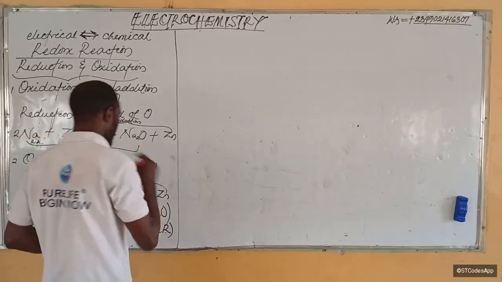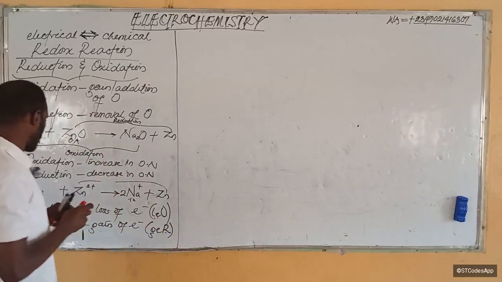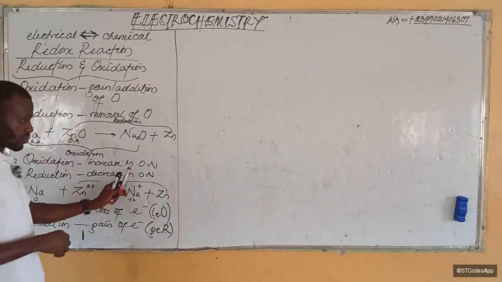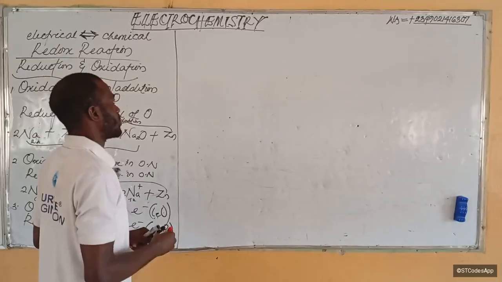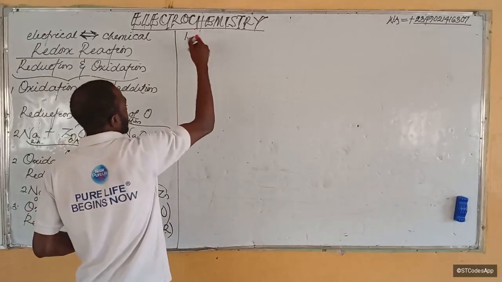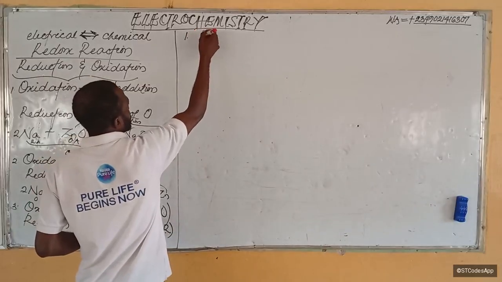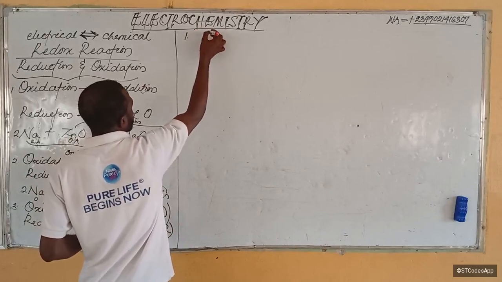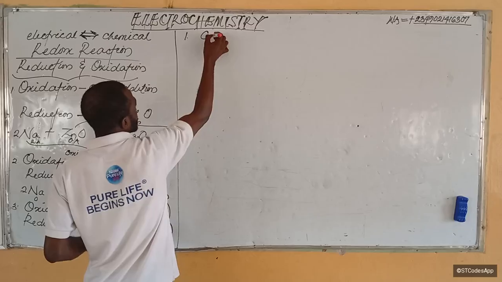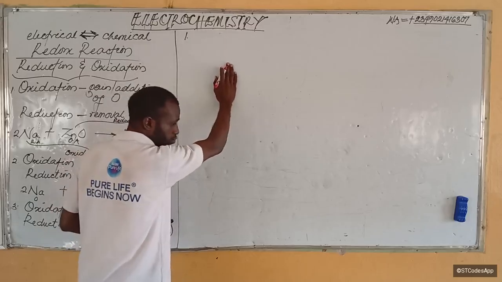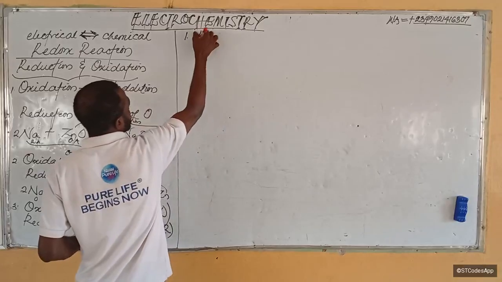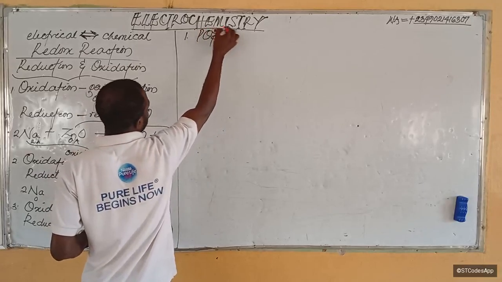Now, let us deal with how to find oxidation number, because this is where students have problems. So I'm going to find the oxidation number of, let me do this one, PO4 3 minus, for example.